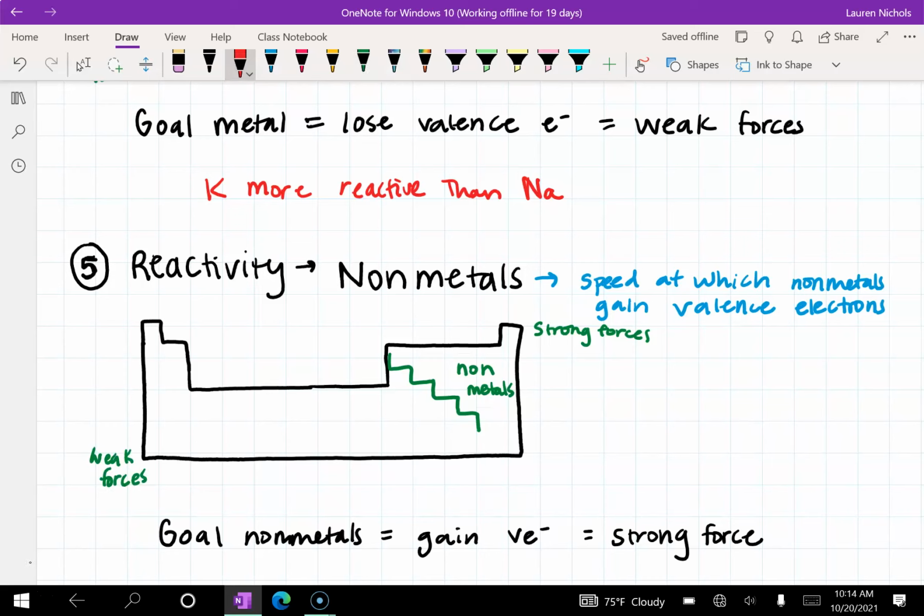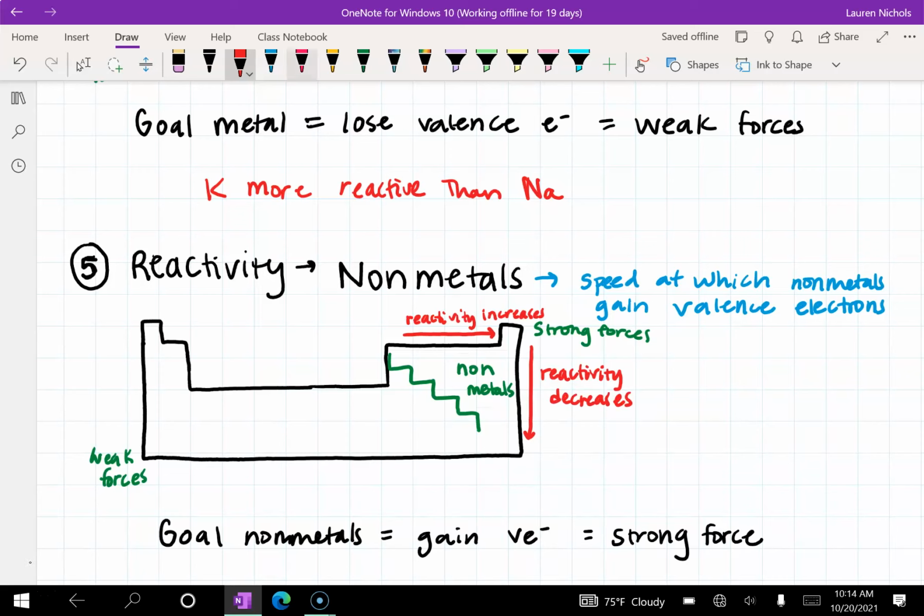And so that means when I go from left to right across our nonmetals, my forces are getting stronger, so that means my reactivity increases as we go from left to right. But as I go down the periodic table, my forces are getting weaker, and so that means that the reactivity decreases. So when we're looking at nonmetals, this is what we have going on.